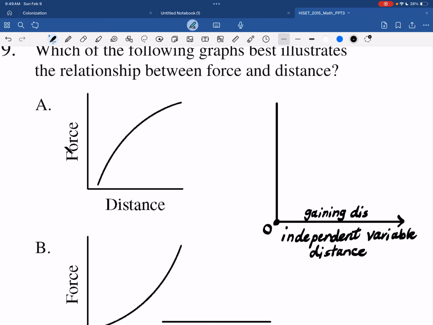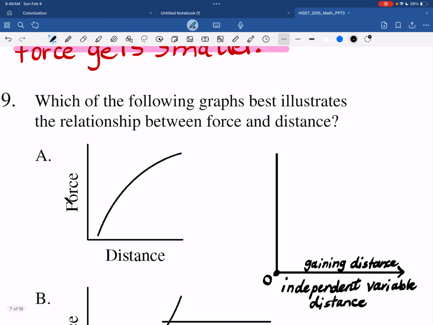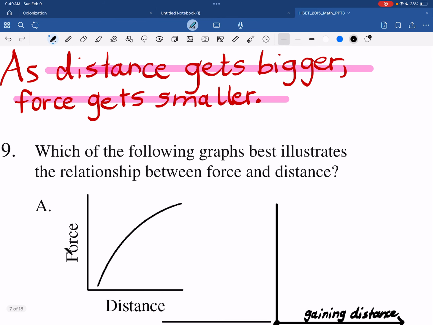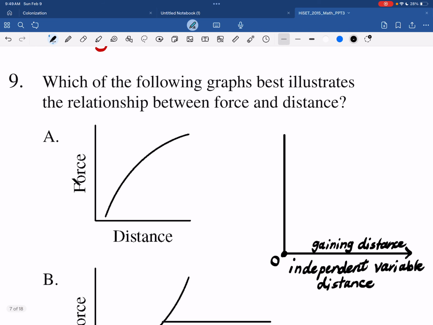Now, if you go back to our conclusion, what would we expect to happen as distance gets bigger? The force would get smaller. So this dependent axis that's measuring force would show less and less force associated with the greater distance. I know that's very complicated.